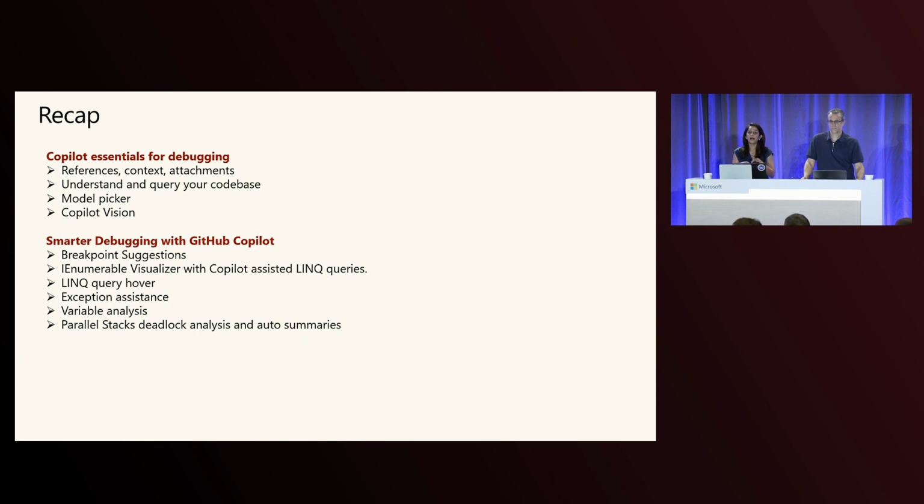Then we saw the IEnumerable visualizer with LINQ expressions and Copilot suggestions there. Then we also saw LINQ hover. And then we saw exception analysis and variable analysis, as well as parallel stacks. At the end, we did not exactly see, but we heard about how Copilot in profiling tools can help you improve your code as well.